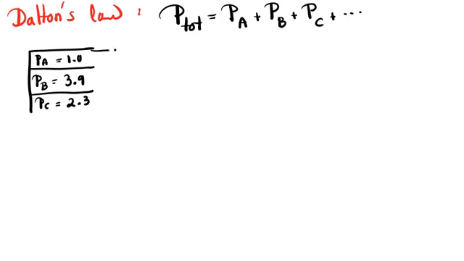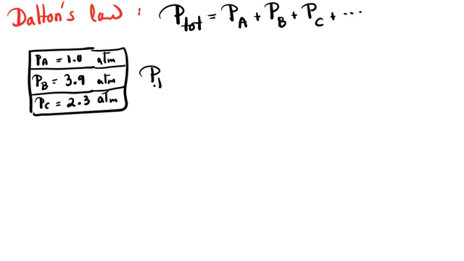Let me write them in atmospheres to make sure you have the same units for each one when you calculate. If the question is, what is the total pressure for this mixture? I'm going to ask you to think about that. If we have a mixture of three gases and want the total pressure of the mixture, we need to add the pressure of each component to each other.